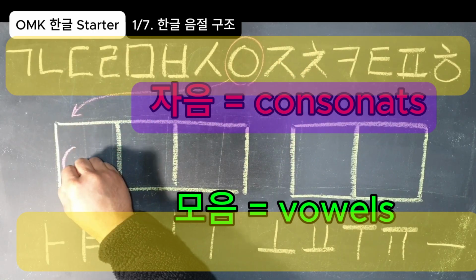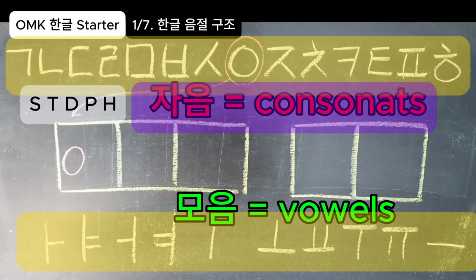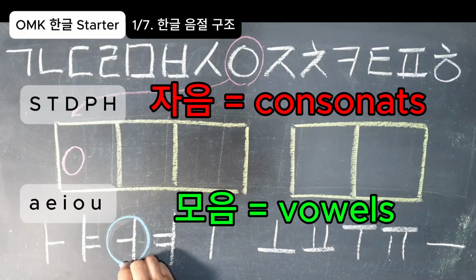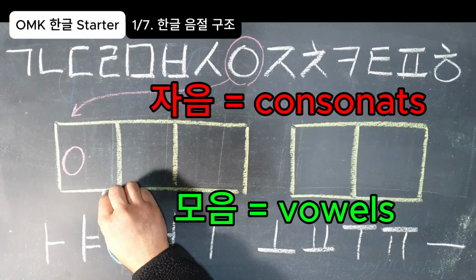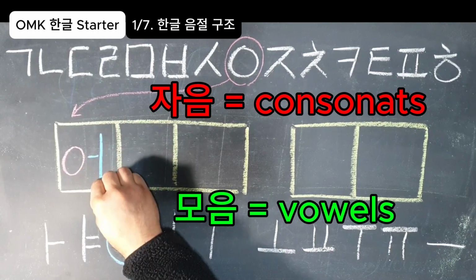Consonant, what is consonant? S, t, d, f, h. That is consonant. What is a vowel? A, E, I, O, U. That is vowels.